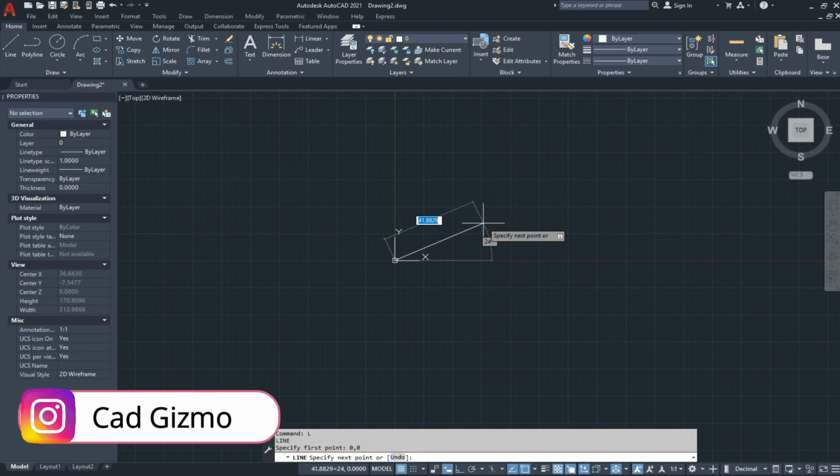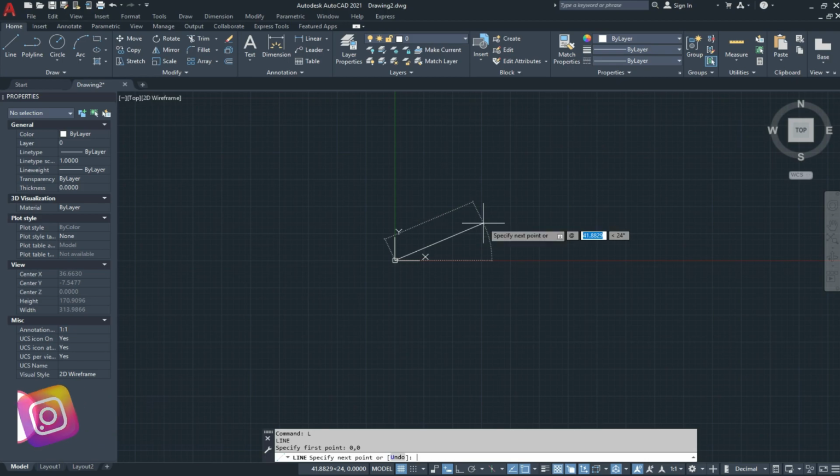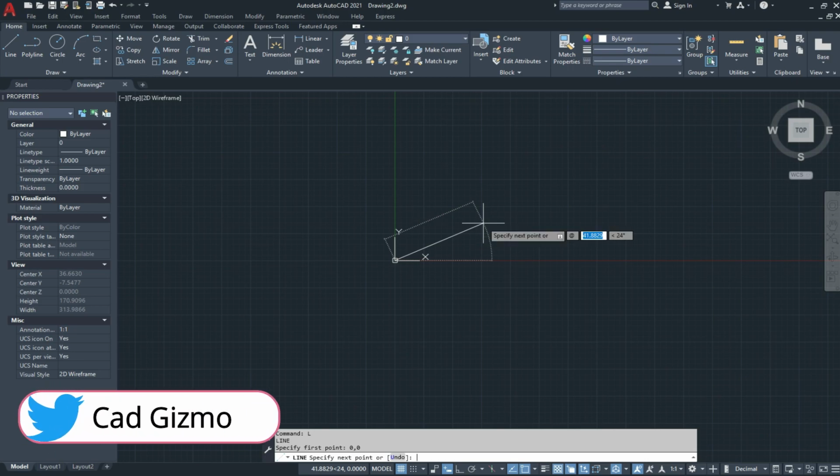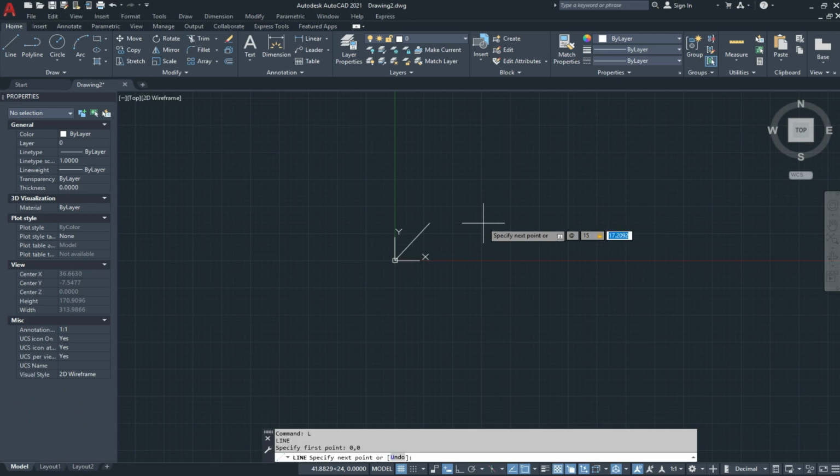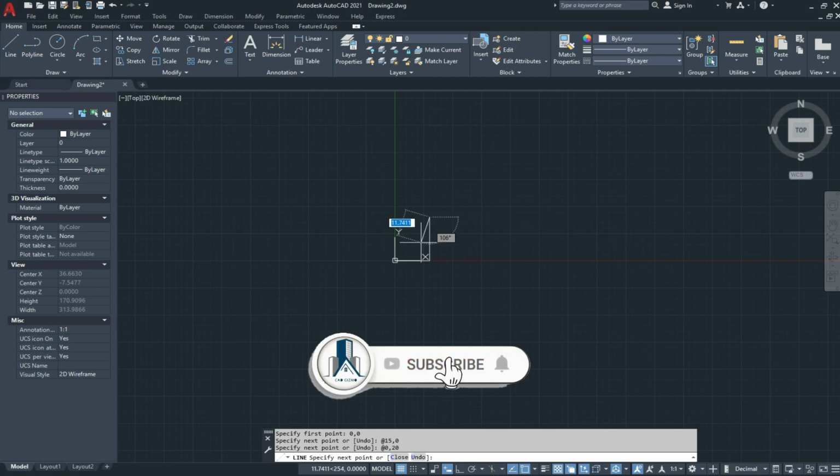Now we give the value with the at the rate 15, 0, and now we give the value 0 in x axis and 20 in y axis.